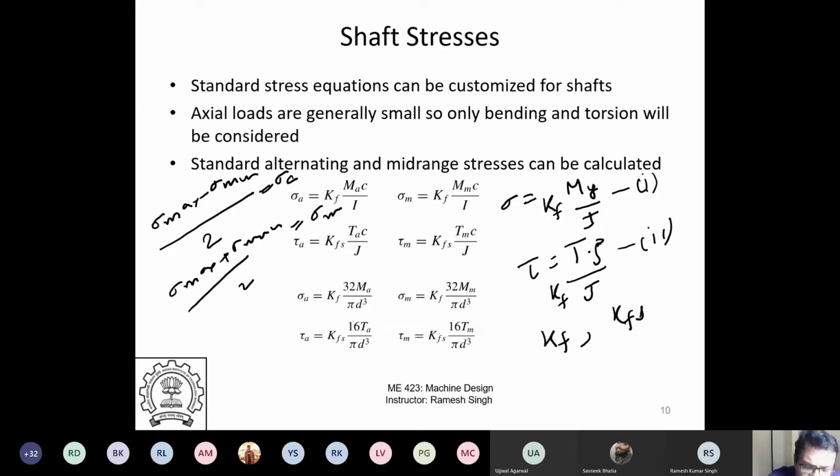So I will have sigma A and sigma M, primarily because I will have an alternating moment Ma and a mid-range moment Mm. And the same thing happens with torques. So I will have an amplitude torque and a mid-range torque. Okay. So this you understand from the previous one, exactly similar to what we did for fatigue. I'm actually adapting some of the fatigue concepts here.